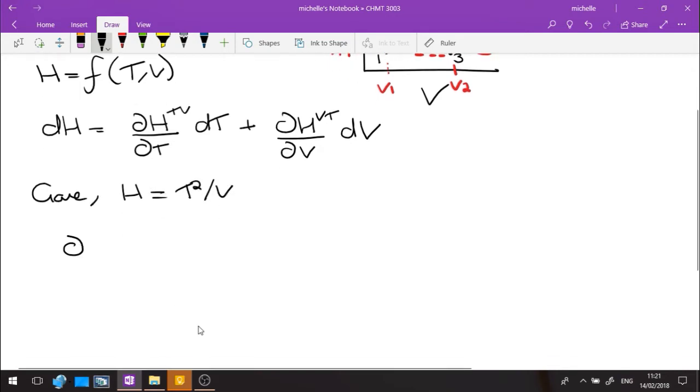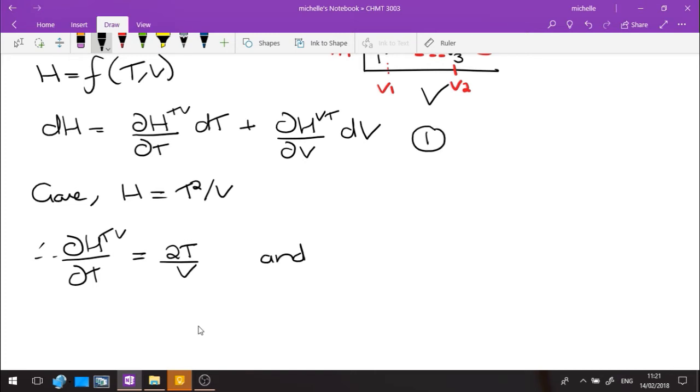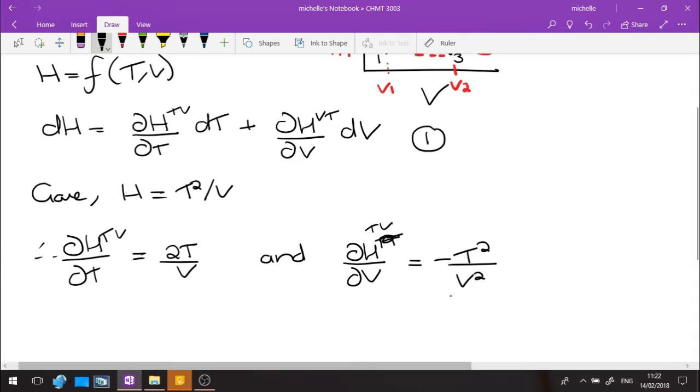So then, therefore, the partial dH by dT, keeping V constant, is 2T over V. And from equation 1, my dH by dV, keeping T constant, is minus T squared over V squared. Okay. What do I do next?